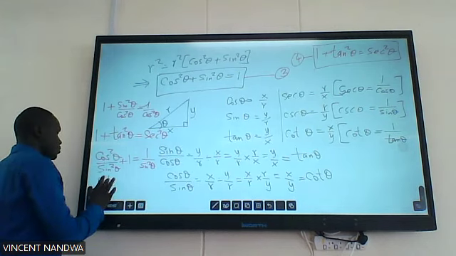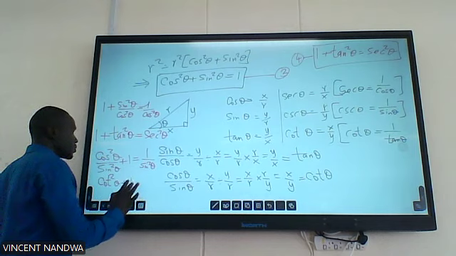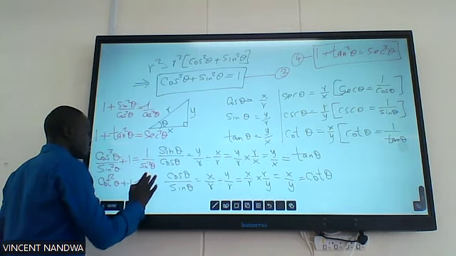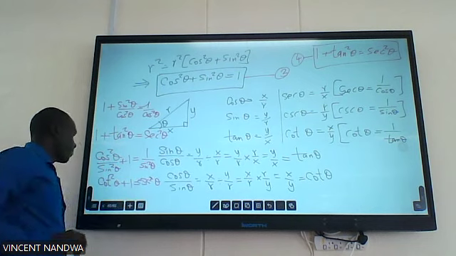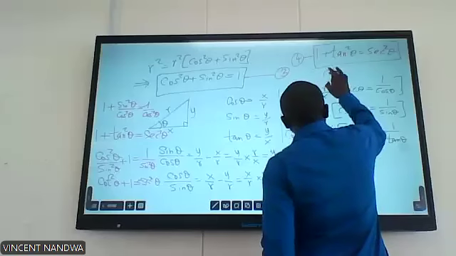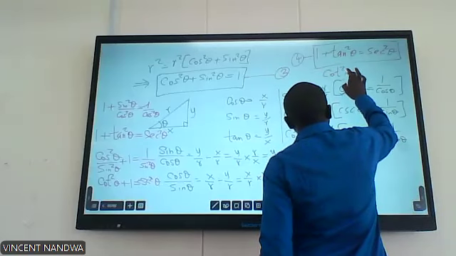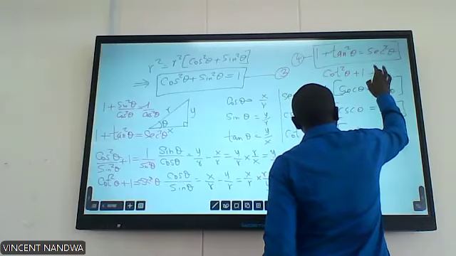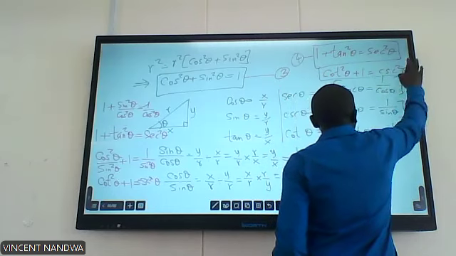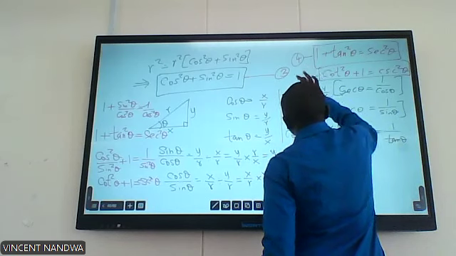So cot squared theta plus 1 is csc squared theta. So you can add that to your toolbox. Let's call this one, say, facts.